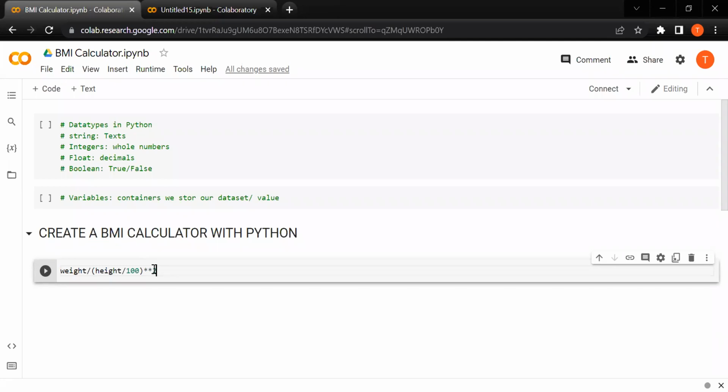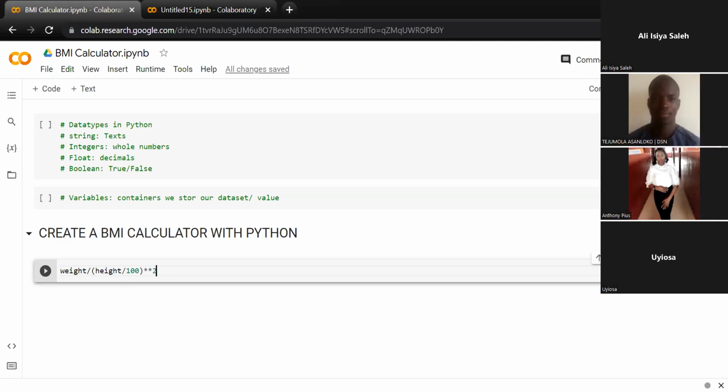Let's quickly look at the variables. In mathematics, we have variables, right? Here the variables are weight and height, like x and y.